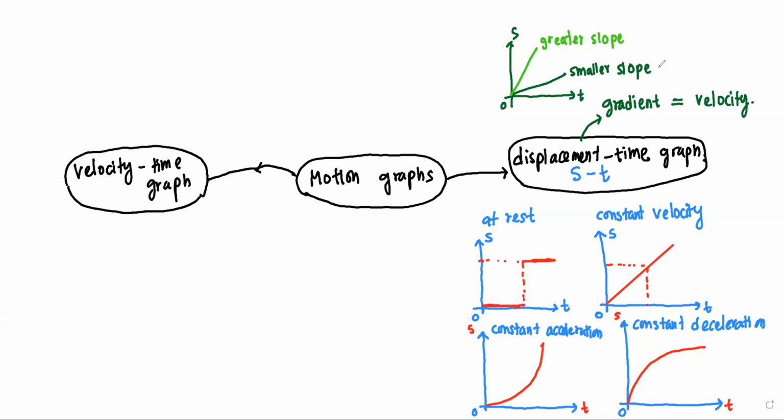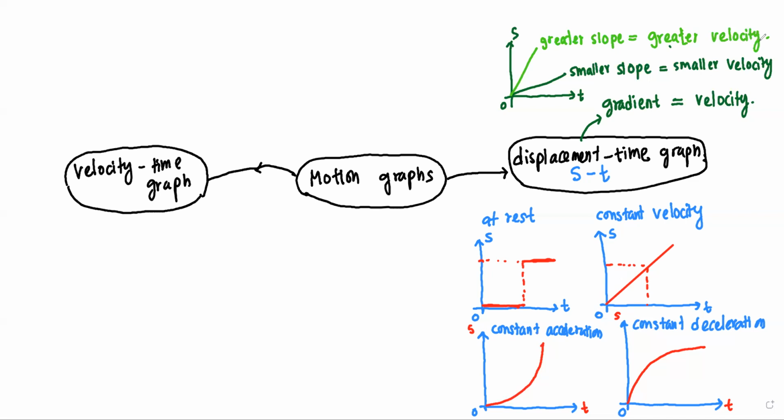right? So a smaller slope means smaller velocity, and a greater slope means a greater velocity.